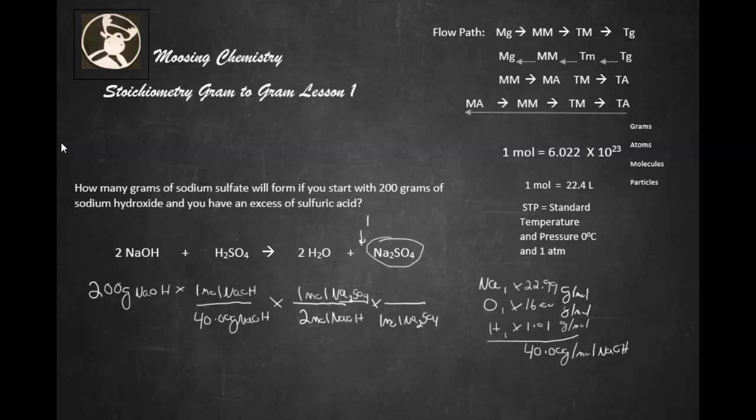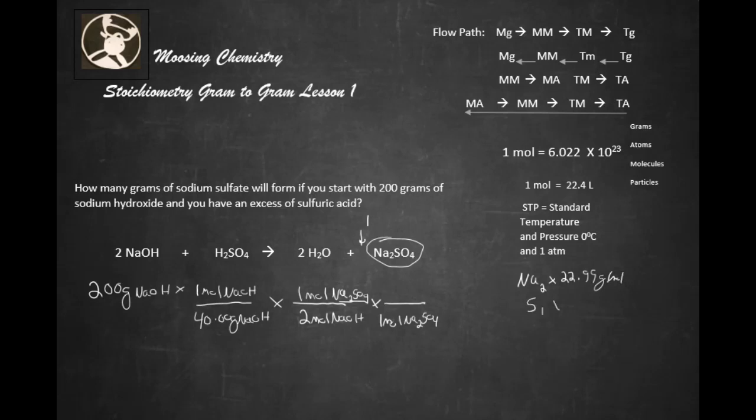And just like we did before, we're going to have to go ahead and figure out the molar mass of sodium sulfate. So let's go ahead and erase this real quickly. Okay, so we're just going to erase that there. And let's go ahead and figure that out. All right, so sodium sulfate, we have Na is 2 times 22.99, of course is grams per mole.